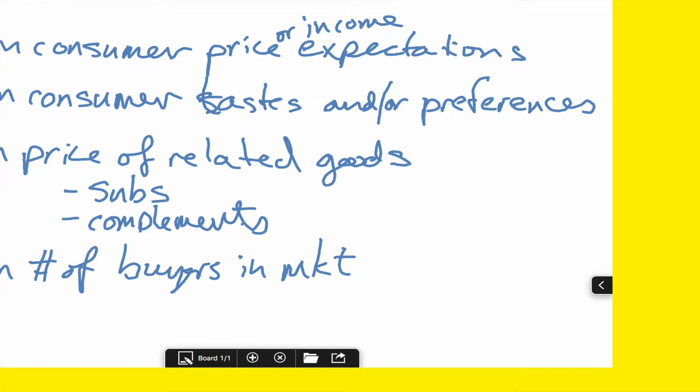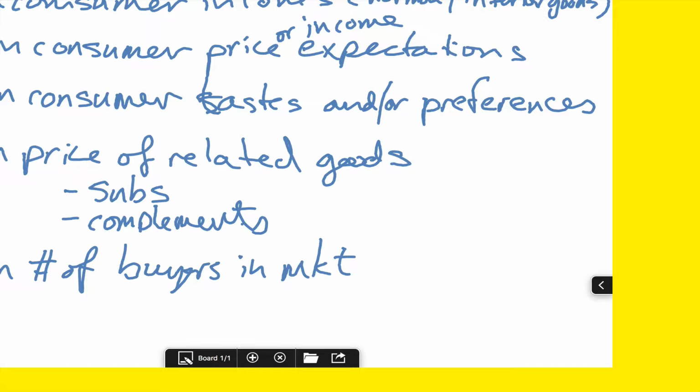So, in the second one, I have a question then. What's the difference between this one and this one?